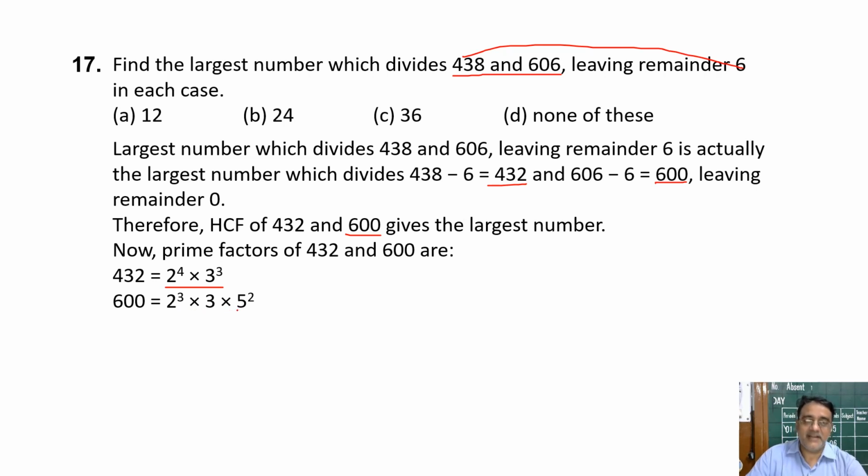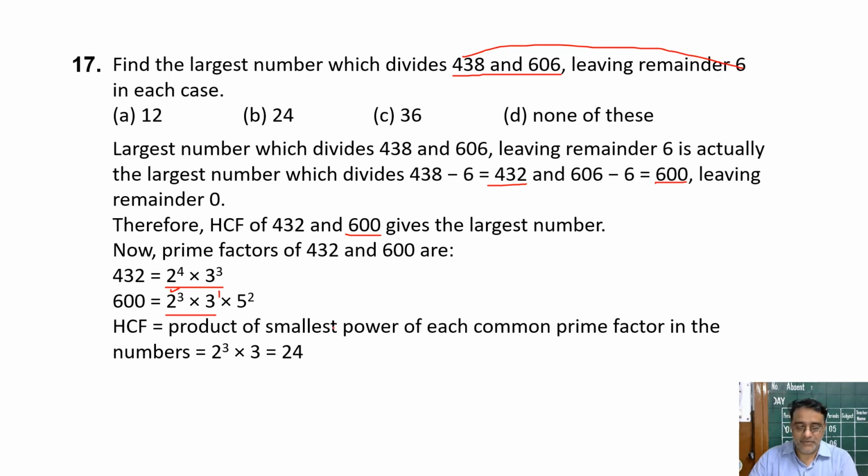Now we know that HCF is the product of the smallest powers of all the common factors. So here the common factors are only two, 2 and 3, and the lowest power of 2 is 3. And what is the lowest power of 3? 1. So 2 to the power 3 into 3, that is 8 into 3, 24. So which is the correct option? Option B. Option B. Right.